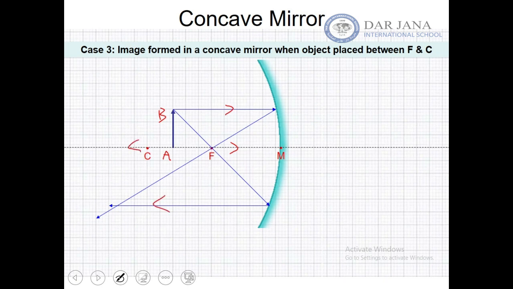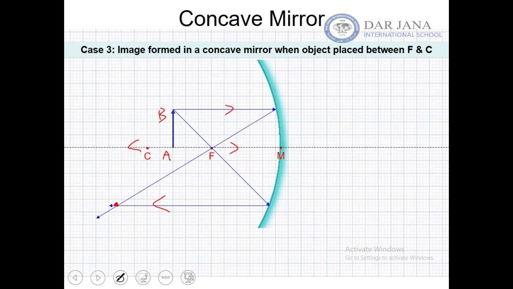It's completely opposite to the first case, when we took the incident ray parallel to the principal axis. So here the incident ray is passing through point F and hitting the mirror, so its reflection will be parallel to the principal axis. As we see here, these two reflected rays intersect at this point.